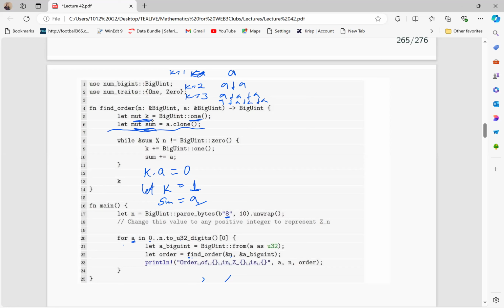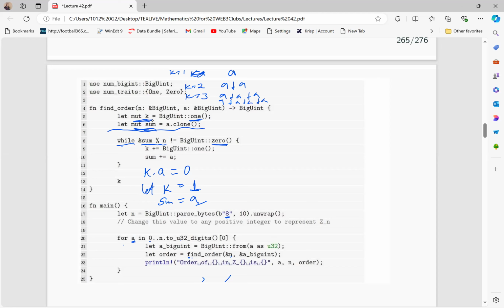Then we begin with this loop, the while loop. The while loop says, while the sum divided by n does not give a remainder equal to 0. Let me just read it the way it is.